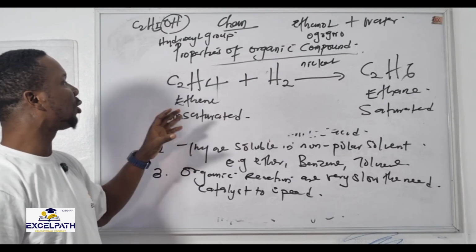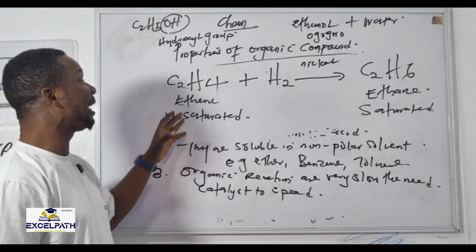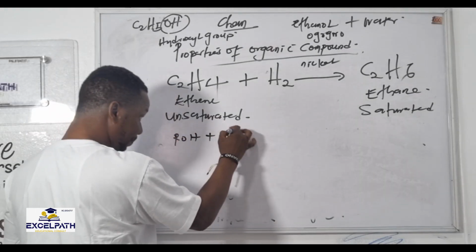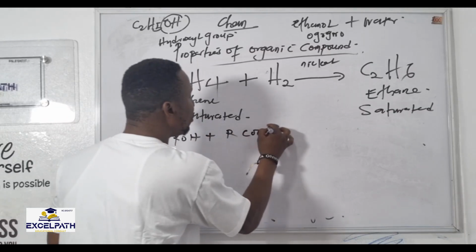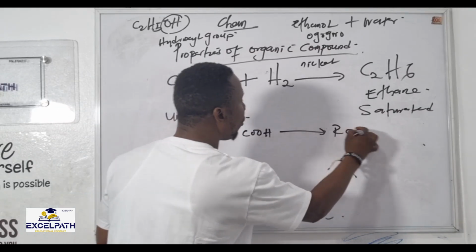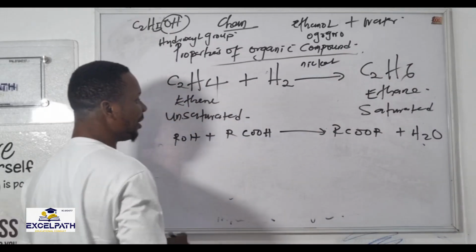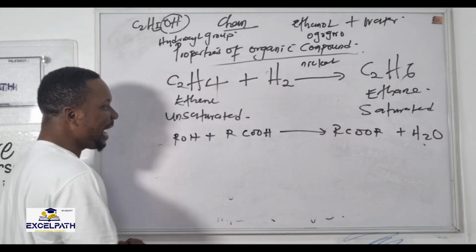So all reactions involving organic compounds are very slow. Look at this next reaction: an alcohol plus a carboxylic acid gives an ester and water. This reaction is called esterification.